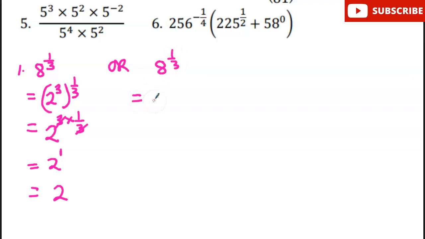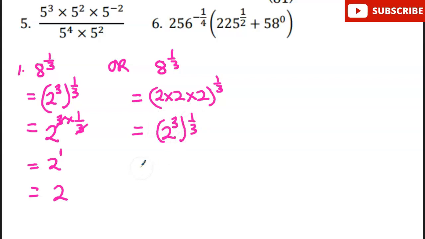Now this is the same as 8 can be written as 2 times 2 times 2, all raised to the power 3. And from our definition, if a number is multiplying itself a number of times, for example, in this case, 2 is multiplying itself 3 times, so we can write it as 2 to the power 3, all raised to the power 3.